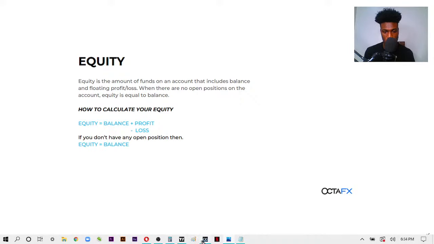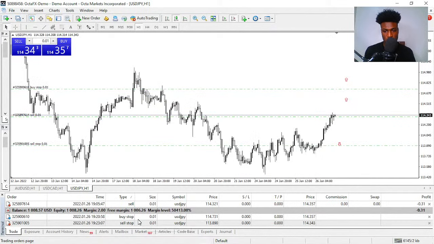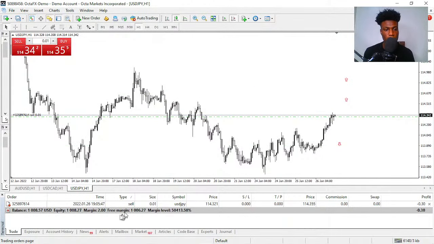So let me just go to this example that we've used. Okay, so remember the balance is $1,008.57. Now, why is my equity different? That is because, remember, equity is balance plus or minus floating profit or floating loss.